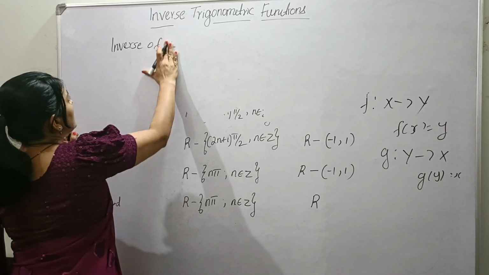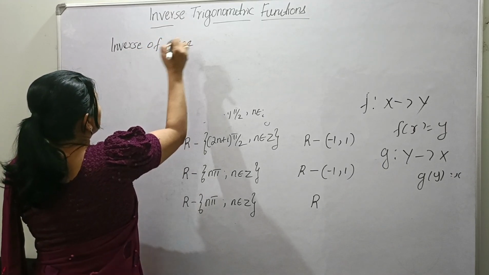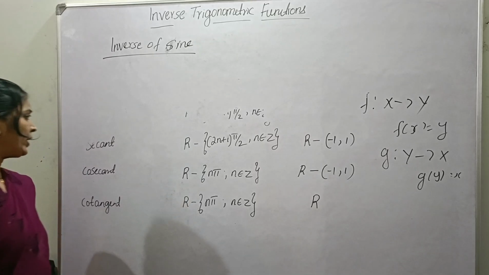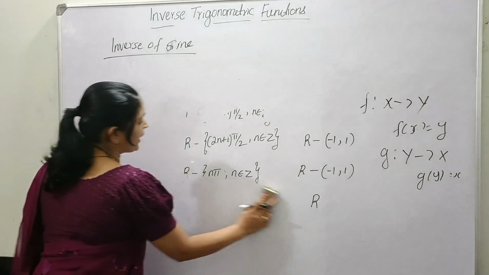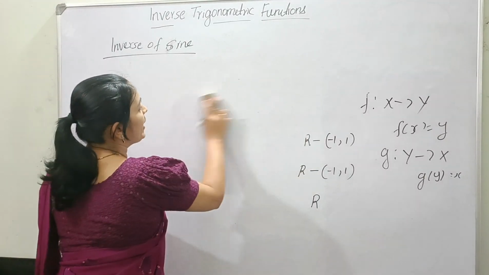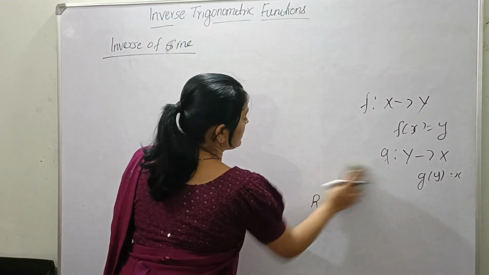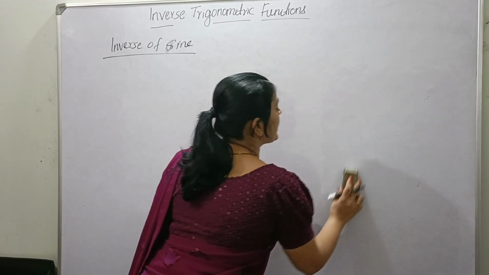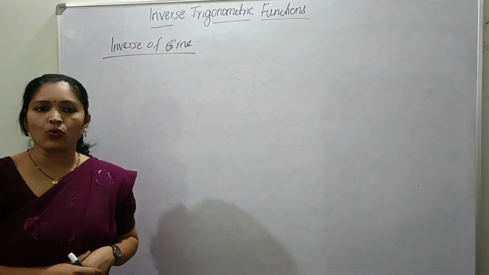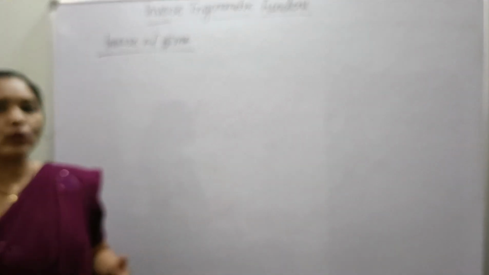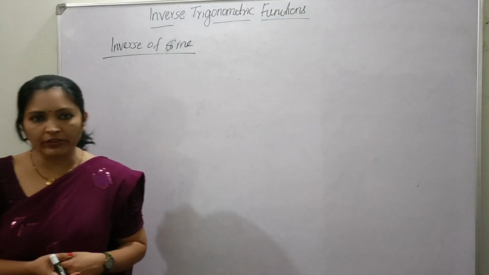Inverse of sine. We know that the sine function has domain the set of real numbers and range -1 to 1. The sine function is not 1-1, and we know that only 1-1 and onto functions have inverses, right?